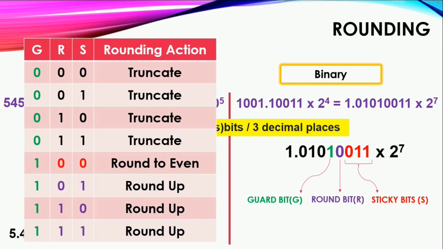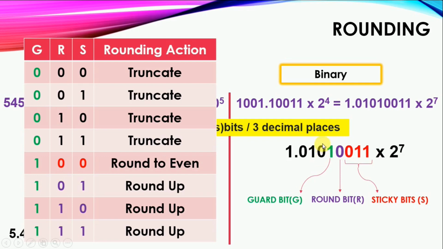I have to follow the banker's algorithm. According to it, if all my round and sticky bits are 0, I have to check the LSB of the bits to be retained. Here my LSB is 0. I check whether the LSB of the number to be retained is odd or even.